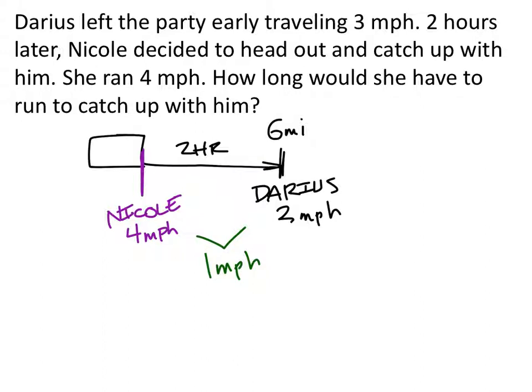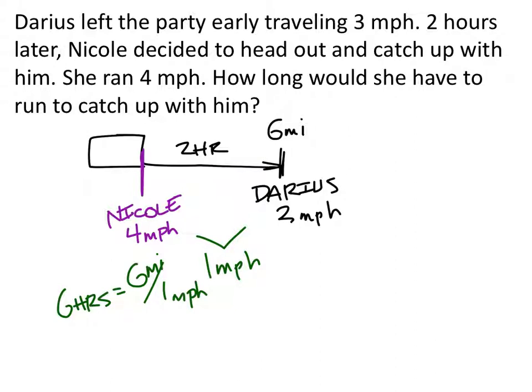Well, she's got 6 miles to cover, 1 mile every hour. So we could do 6 miles divided by 1 mile per hour, which gives us 6 hours. That makes sense, hopefully, right? She's got 6 miles to cover, and it will take her 6 hours traveling at that speed.